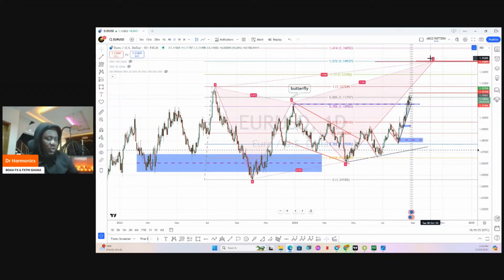So let's look at what is actually happening now. We are expecting Euro USD to go to 1.272, which is this level. Okay, we are expecting it to go to 1.272 over here.